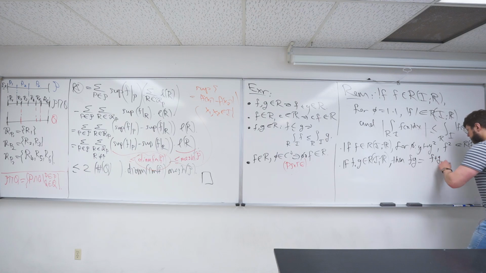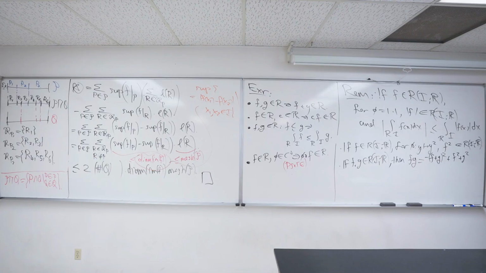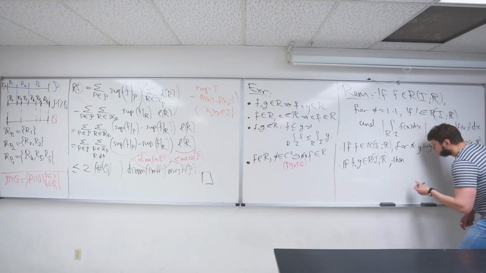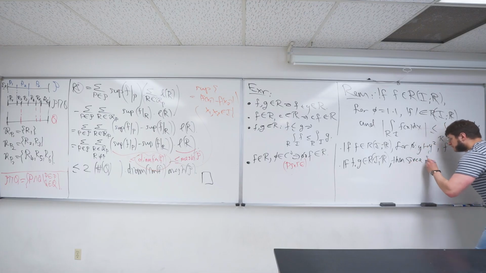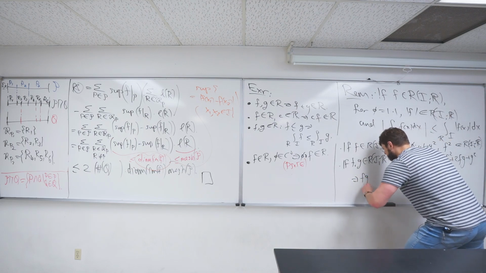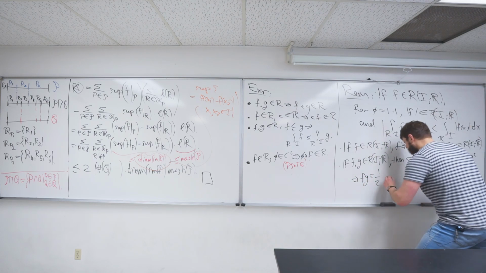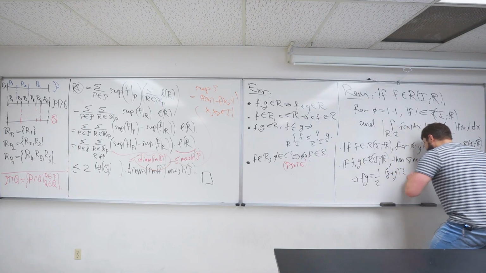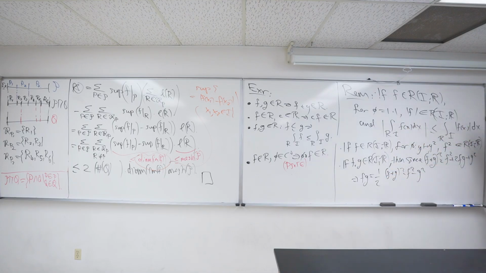Then since f plus g squared is f squared plus 2fg plus g squared, solving for fg gives me that fg is 1/2 times f plus g squared minus f squared minus g squared.